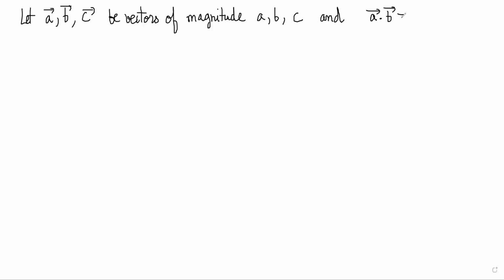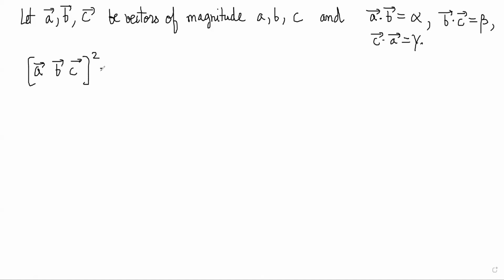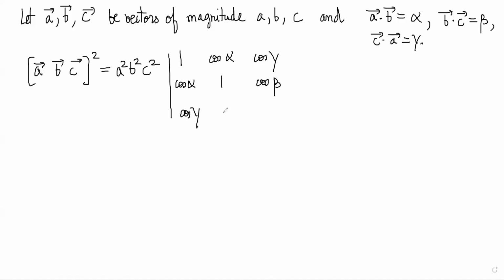A dot B is alpha, B dot C is beta, and C dot A is gamma, right? Then I want to prove that the box product of ABC square is equal to A square, B square, C square, and the determinant 1 cos alpha cos gamma, cos alpha 1 cos beta, and cos gamma cos beta and 1.